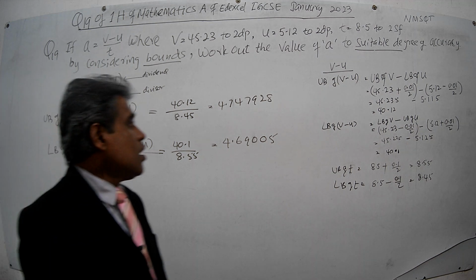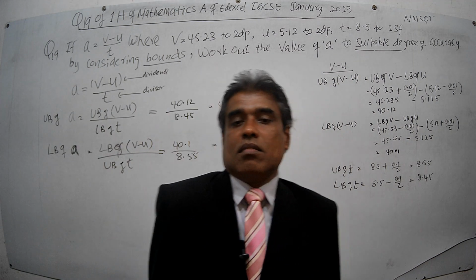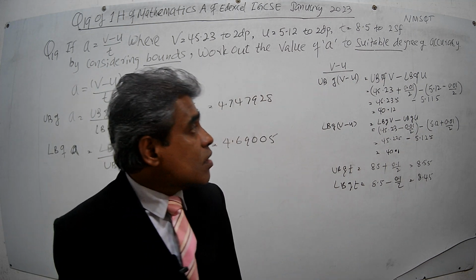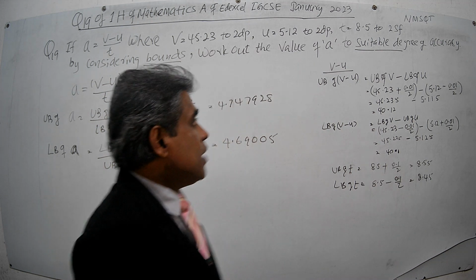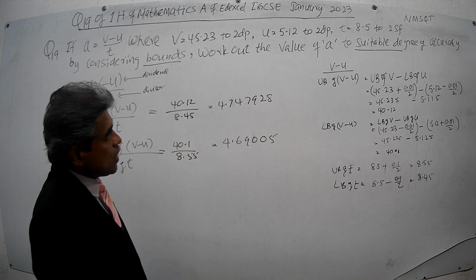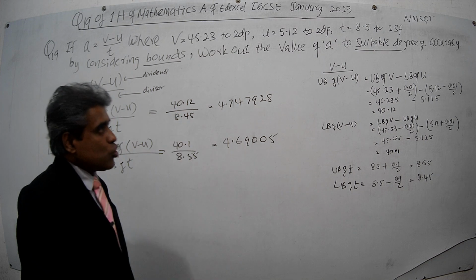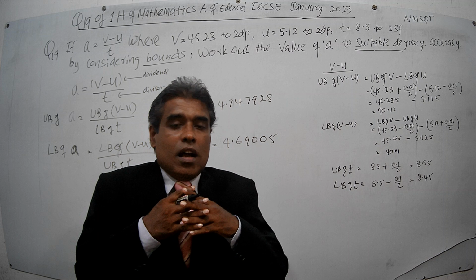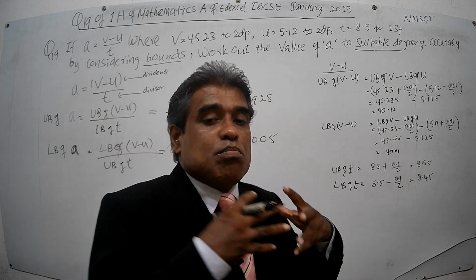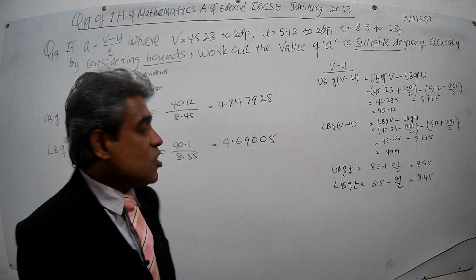But that is not the most accurate answer. When you give the answer to a suitable degree of accuracy, it must be the answer which is most accurate. This is not the most accurate.